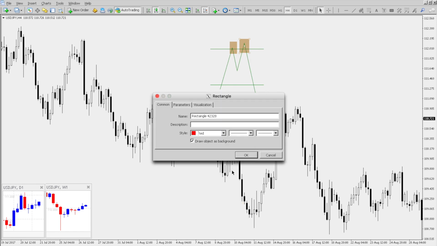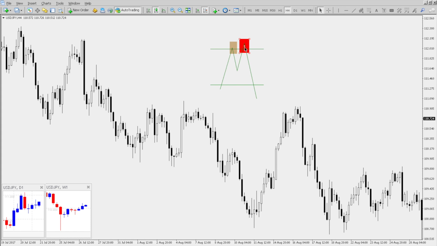I'm just going to highlight that here. Okay. So every time market runs stop loss and closes in your favor, that's a turtle soup. Now, for you to do that, you have to understand where the stop losses are.